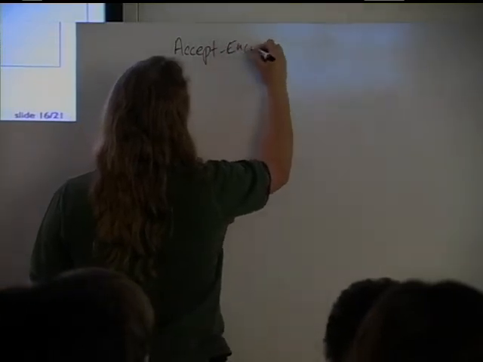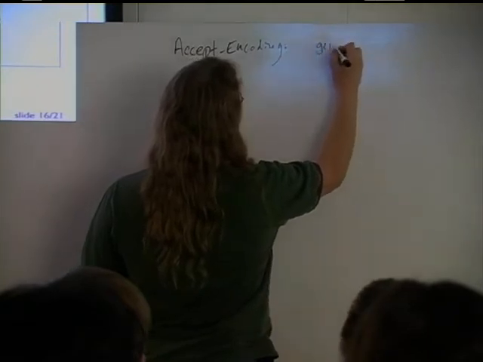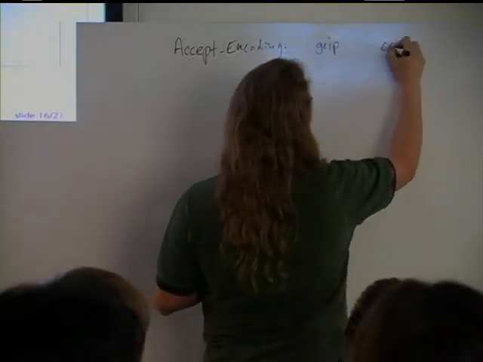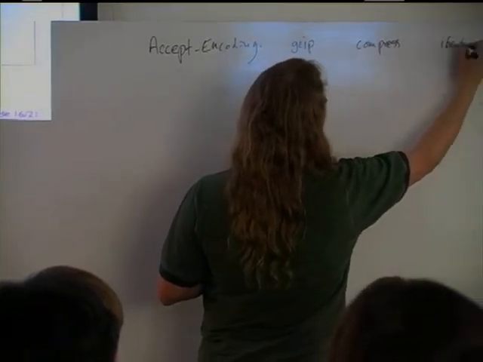But with Accept-Encoding, you have things like gzip, and you can have compress, and identity, I think, is one of them.